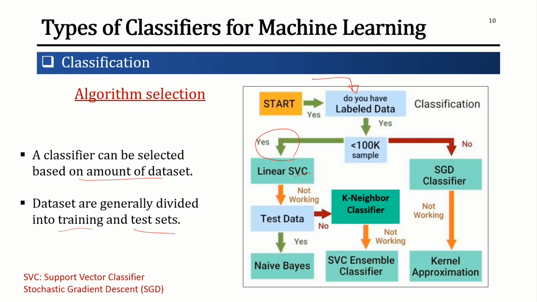And if it works, okay, we will use naive Bayes, or if it is not working, we will use some other classifier. But in case our sample data is greater than 100,000, we can use some other classifier.